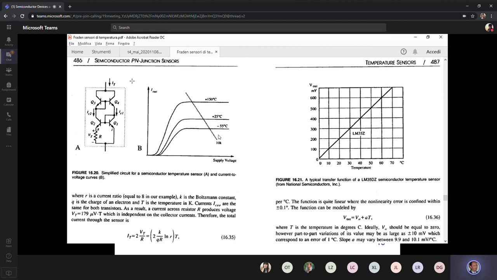Okay. Another issue is this, that actually in the figure you can see only one transistor Q2, but in the real circuit there are several transistors identical to Q2 that are placed in parallel to each other.